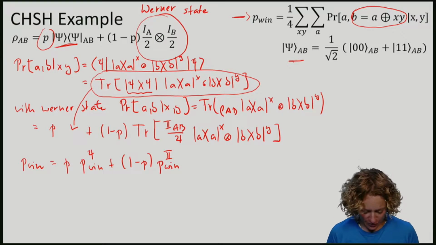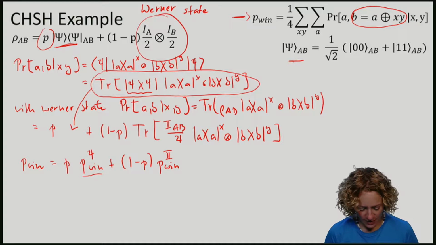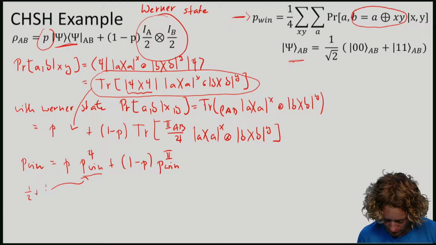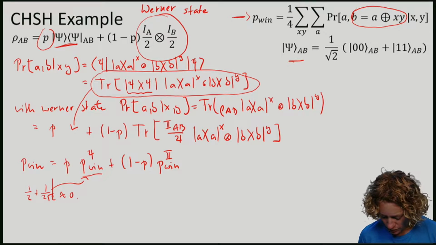So this first term we already know. Namely, we know this winning probability, if we use the measurements, is half plus 1 over square root 2, which is roughly 0.85.